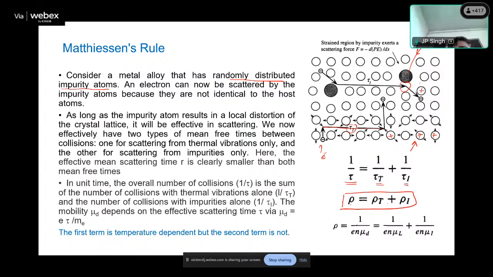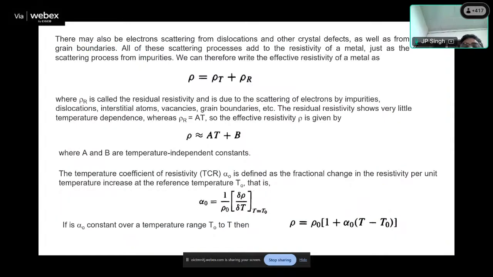I can write the total resistivity as the lattice part plus the impurity part. The impurity part is temperature independent, because I am talking about big impurities that have no correlation, and are far away from each other, whereas the lattice part is temperature dependent. So in general, the net resistivity has two parts.